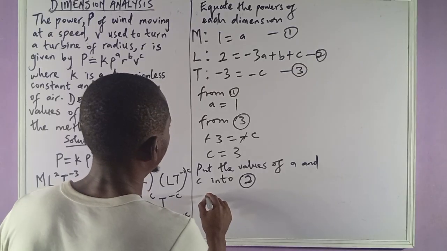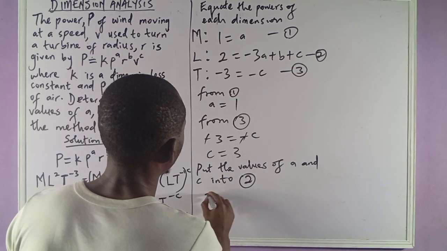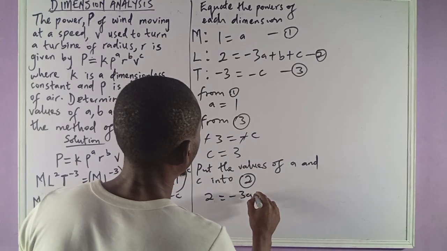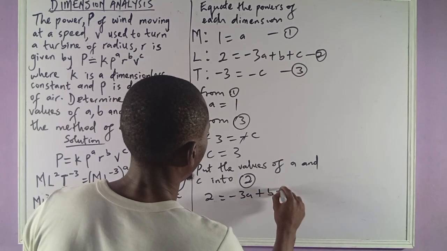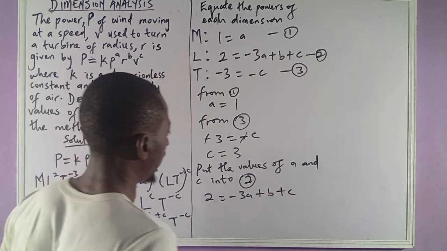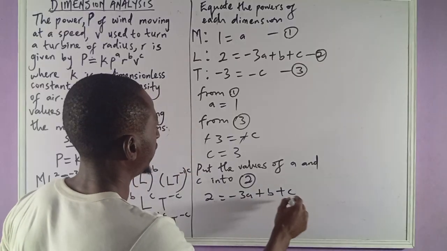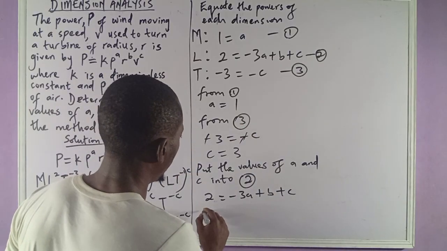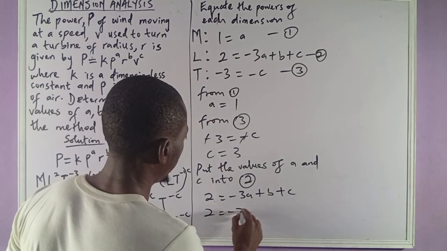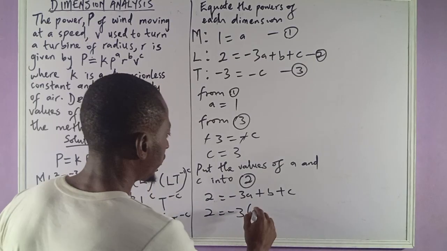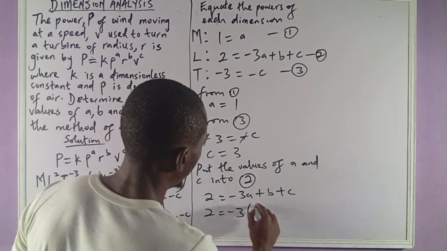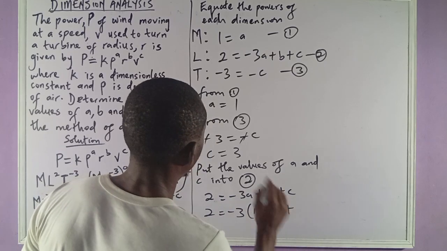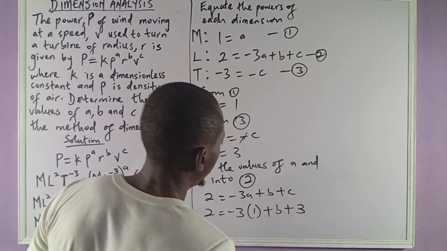So we'll have 2 is equals to, equation 2 itself is 2 is equals to -3A plus B plus C. So instead of writing A and C here, we are going to put 1 and 3. So 2 is equals to -3 times 1 plus B plus, instead of writing C, then you write 3.